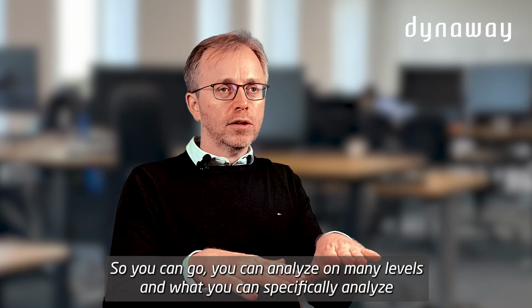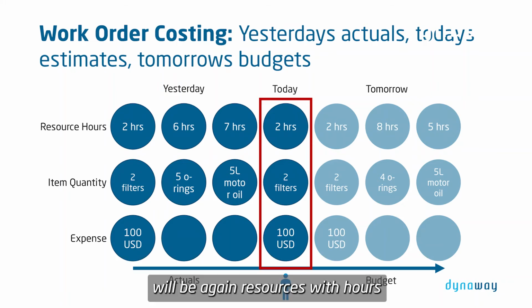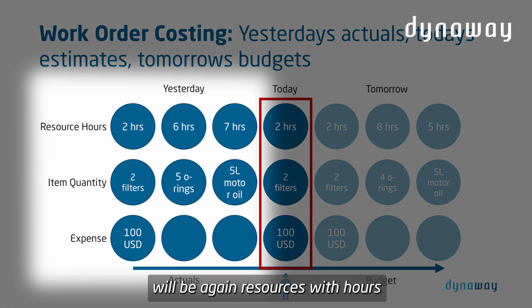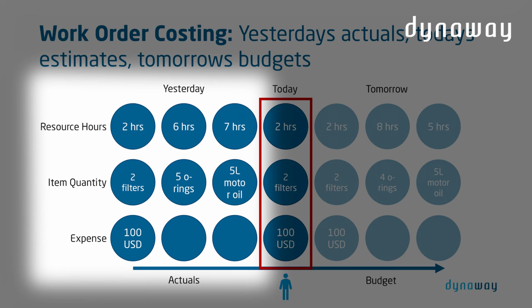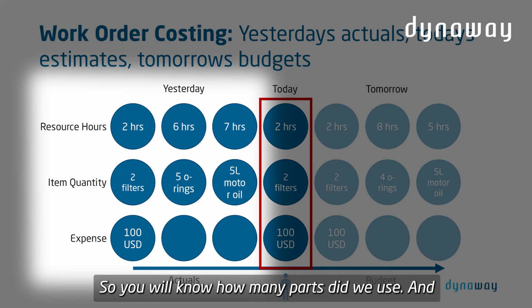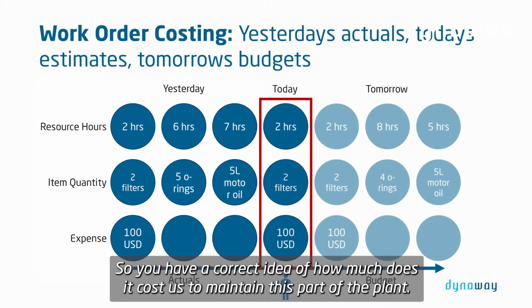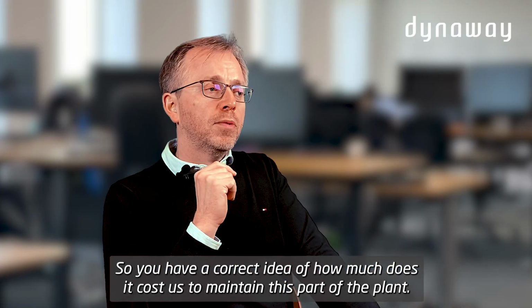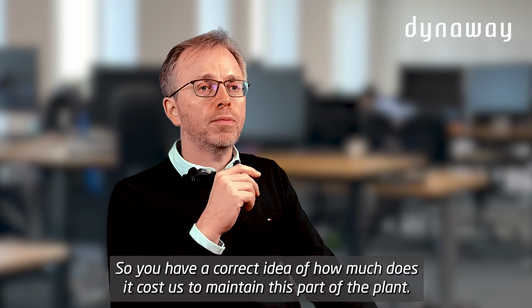So you can analyze on many levels, and what you can specifically analyze will be resources, again with resource hours that were consumed, not the estimated ones, but the ones that we actually used. And same thing with the items, the spare parts. So you will know how many parts did we use, and you also have the expenses. So you have a correct idea of how much it costs us to maintain this part of the plant.